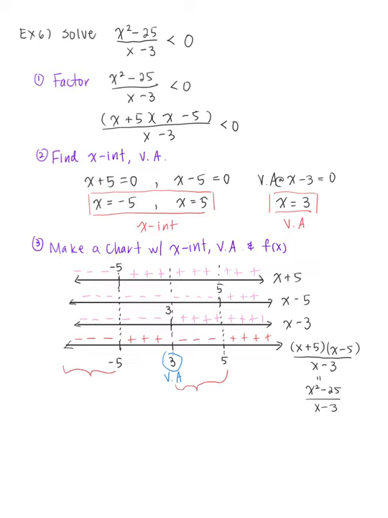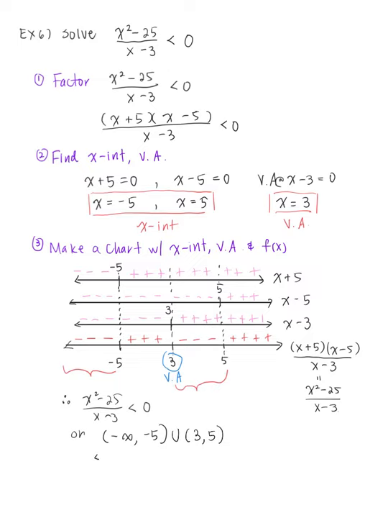Not too bad, right? Hopefully you're getting used to it. So therefore, x squared minus 25 over x minus 3 is negative on the interval from negative infinity to negative 5 open, union from 3 to 5 open. So here you have it.